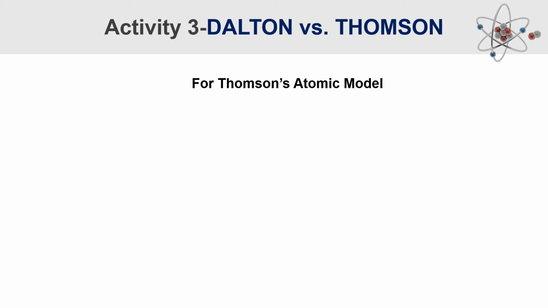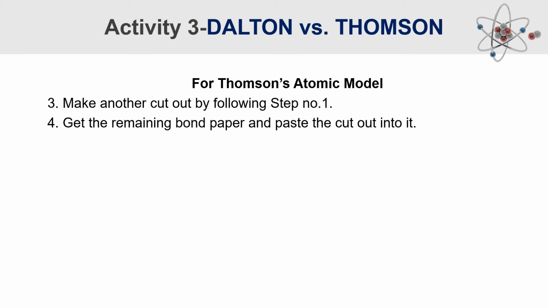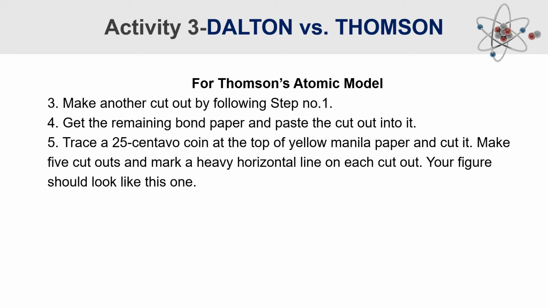For Thomson's atomic model, number 3, make another cutout by following step number 1. Number 4, get the remaining bond paper and paste the cutout onto it. Number 5, trace a 25 centavo coin at the top of yellow manila paper and cut it. Make 5 cutouts and mark a heavy horizontal line on each cutout.